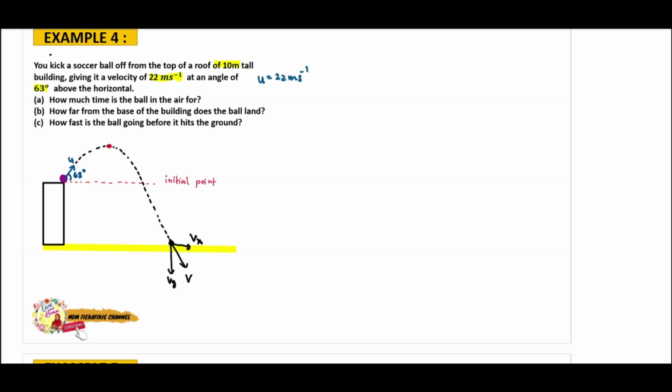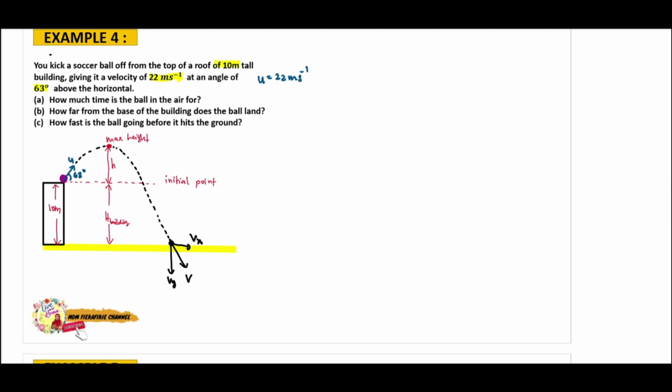From the initial point to the maximum height, so ini adalah saya letak sebagai H. Tapi kalau kira maximum height from the ground, you kena tambah the height of the building. Tengok bila soalan tanya what is the maximum height reached by the ball, mesti tambah dengan the height of the building. Okay. Sekarang kita label ini as 10 meter.